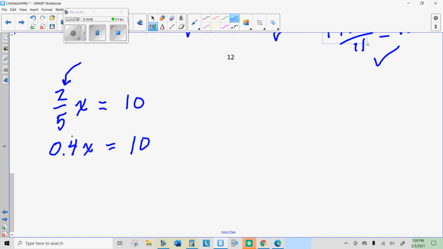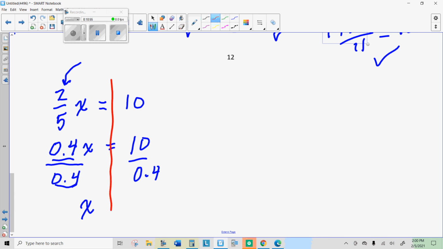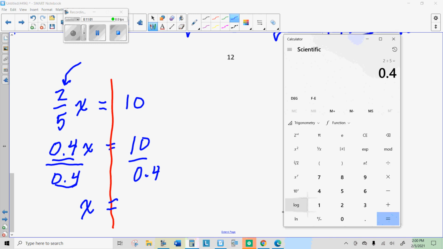And then this is multiplication, so you're going to divide both sides by 0.4. When you do a number divided by itself, you get 1x, which is what we want. Sorry, I forgot to put the line down the middle. Okay. And 10 divided by 0.4 is 25.